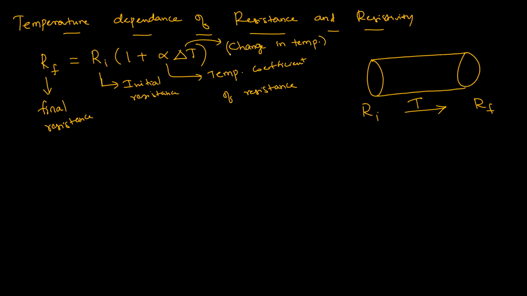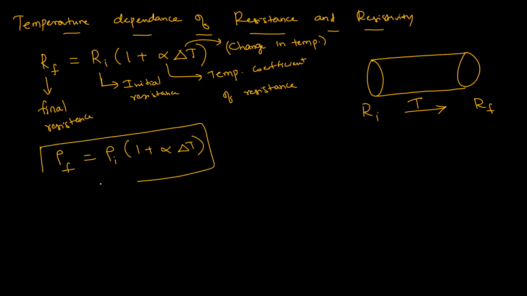This is the expression relating final and initial resistance according to the change in temperature. If I extend the same concept to resistivity, rho final will be equal to rho initial into 1 plus alpha into delta T. So this is the first one.